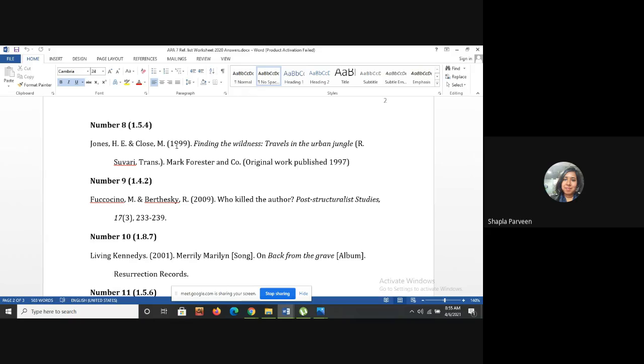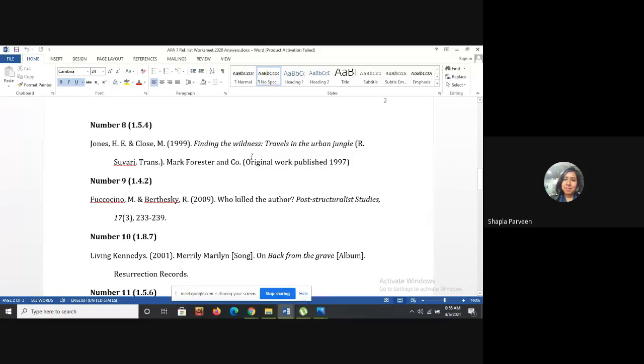Now this year of publication is the year of publication for the translation, not the original work. The original work you can see is given at the end, but this is the translation work, because when you borrow information from a translated work, if the book is written in a different language, of course you can't read that, but you are reading the translation, which is probably in English. So the publication year for the translation is there.